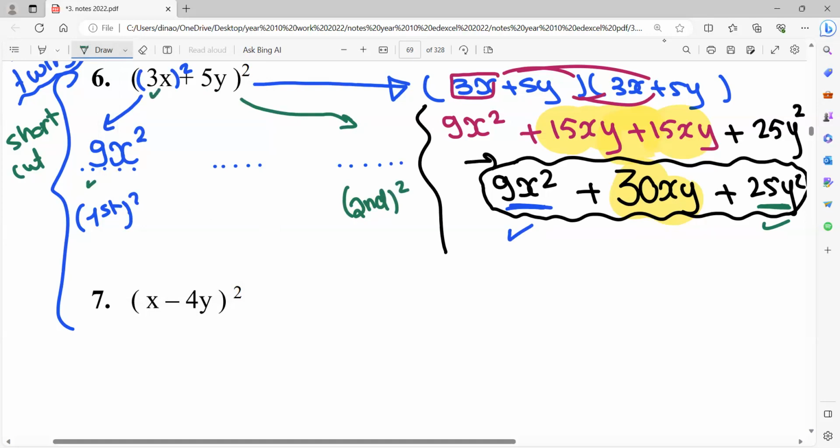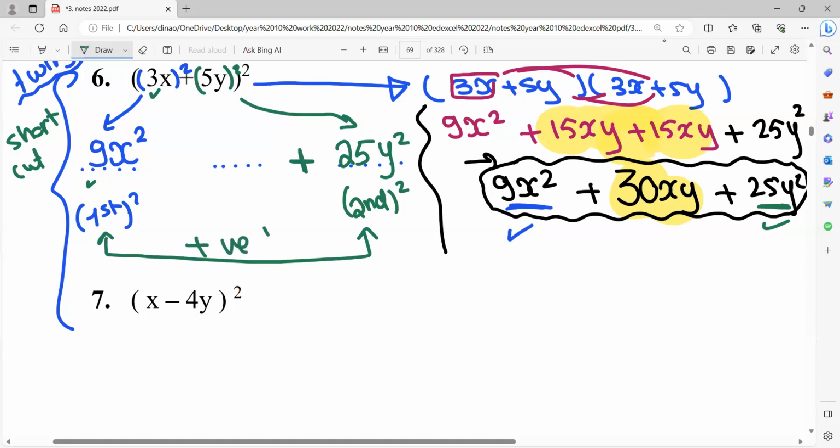To find the last, square the last. 5y power 2. 5 power 2 is 25. Y squared is y squared. Because the first term and the last term are both squared, they will always and forever be positive.